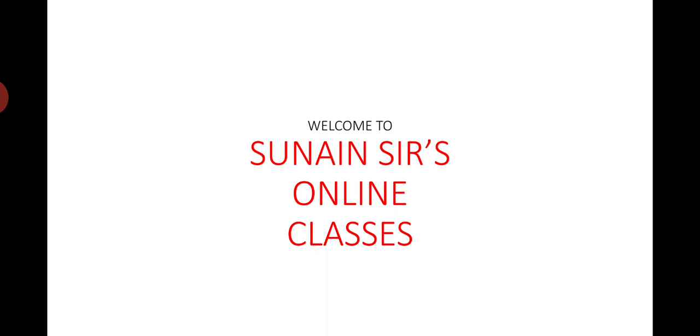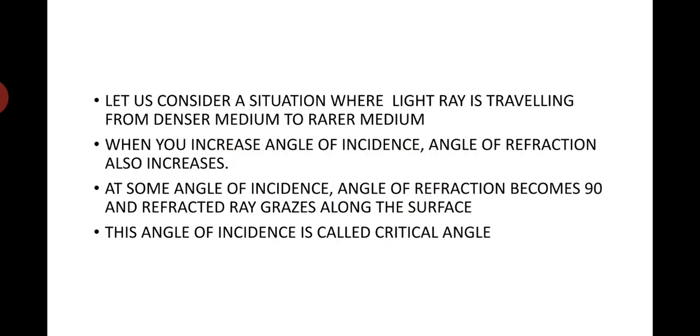In this video, I am going to explain total internal reflection and some examples of total internal reflection. First, let us see what is total internal reflection. Let us consider a situation where a light ray is traveling from a denser medium to a rarer medium.